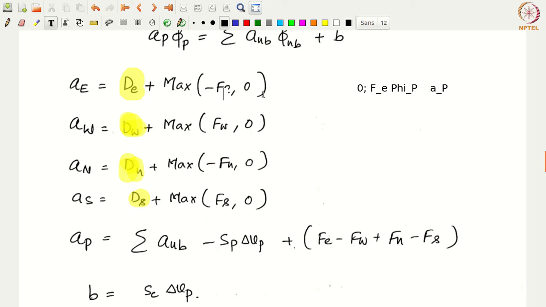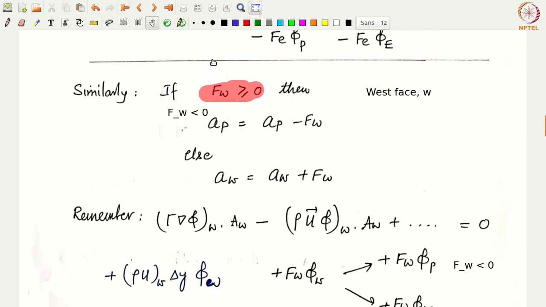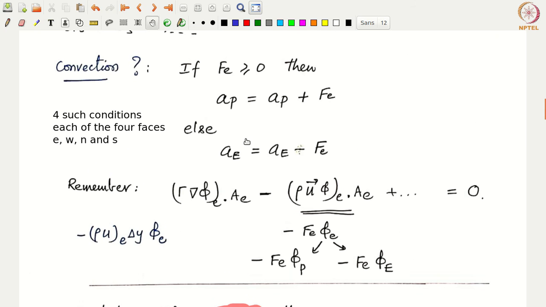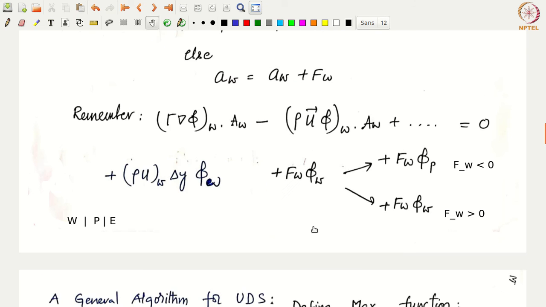This function will return minus FE, because minus FE would be bigger than 0. So if minus FE comes into play, A east equals DE minus FE. Would that be the same as what we had before? Yes, if FE is negative, A east equals DE minus FE. That is correct.